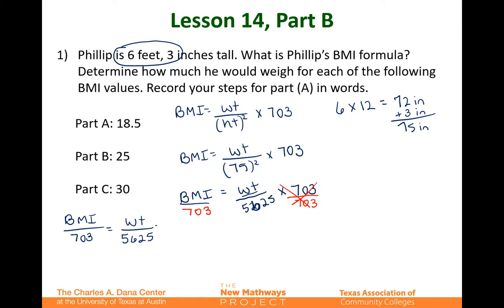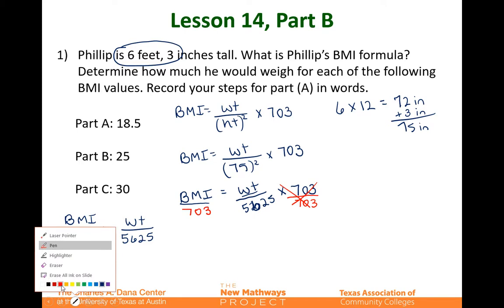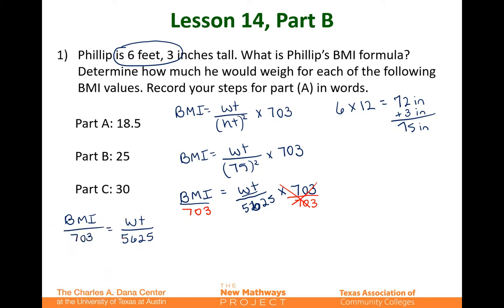Okay, I'm trying to get weight all by itself. So the way I get weight all by itself now is I said, well, look, I'm dividing by 5625. Let's multiply by 5625 times, I got kind of out of room here, 5625. This will cancel with this.